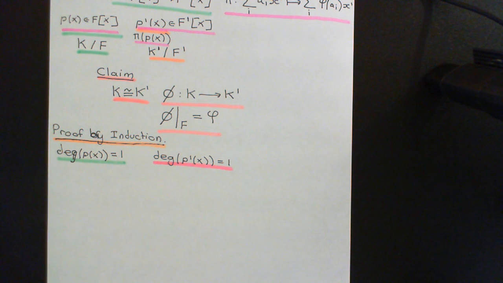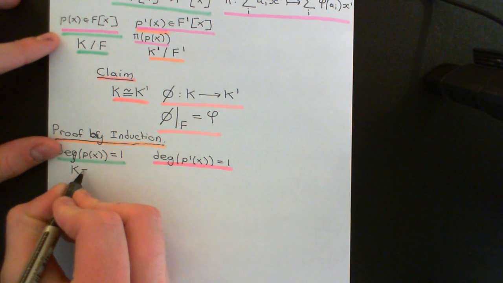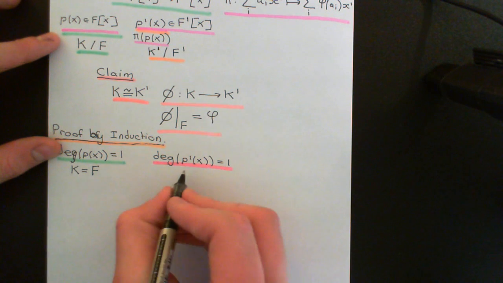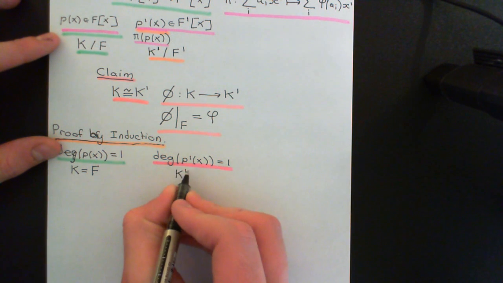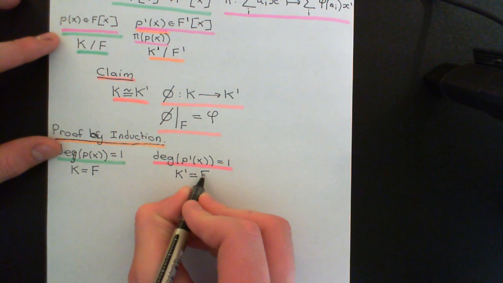The splitting field is just the initial field, because these polynomials are already written in their degree 1 factorization in the ring of polynomials over the current field. So I can conclude, therefore, that K, the splitting field for P of X over the field F, is just equal to F. And I can conclude that K prime, the splitting field for P prime of X over F prime, is just equal to F prime.